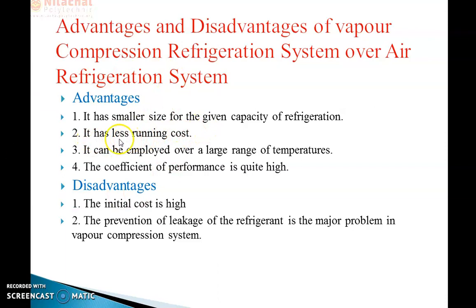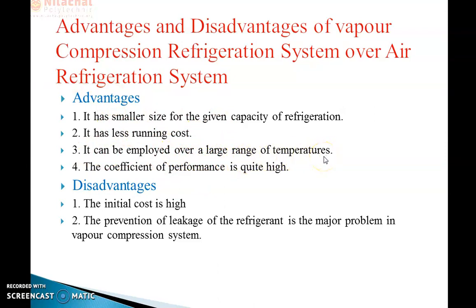Second, it has less running cost. As you are using a small compressor, obviously it will affect the running cost. Third, it can be employed over a large range of temperature.